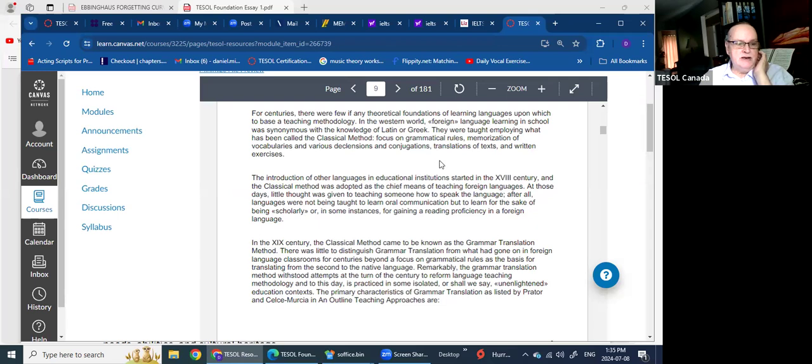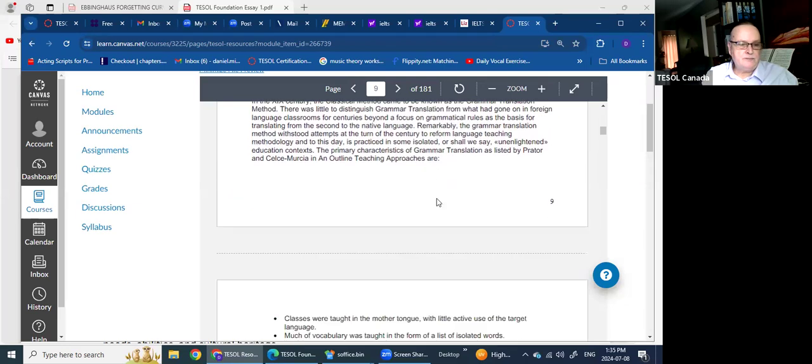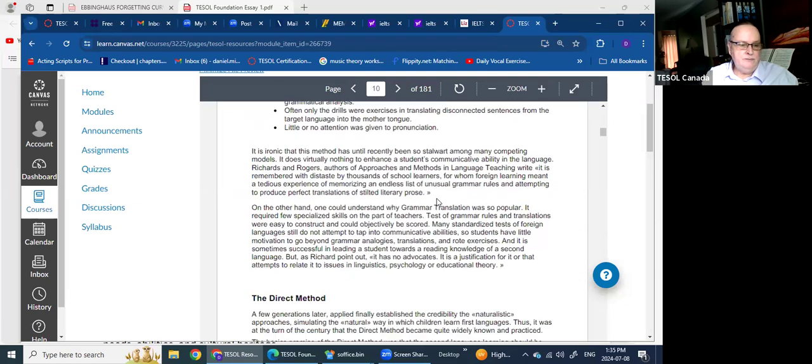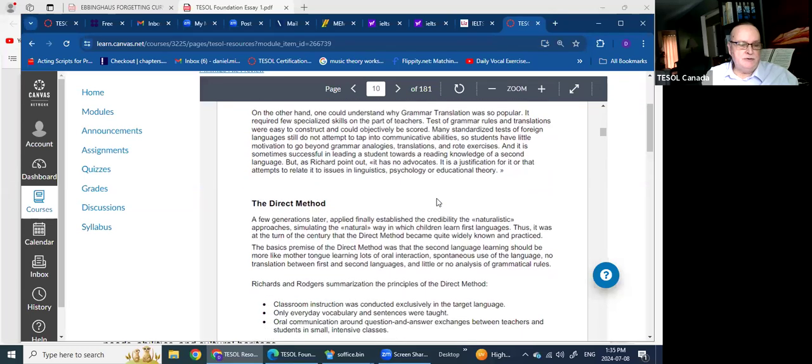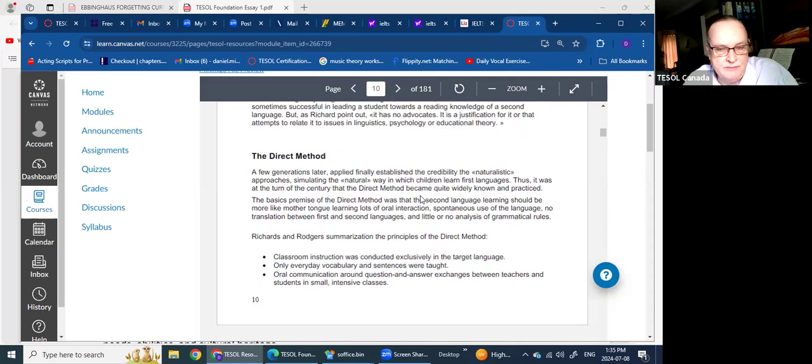The grammar translation method was used very widely, almost totally exclusively, until the beginning of the 20th century. At the beginning of the 20th century, the direct method, also known as the Berlitz method, became more widely used because it was more naturalistic, more similar to the natural way that we learn language as a young child.